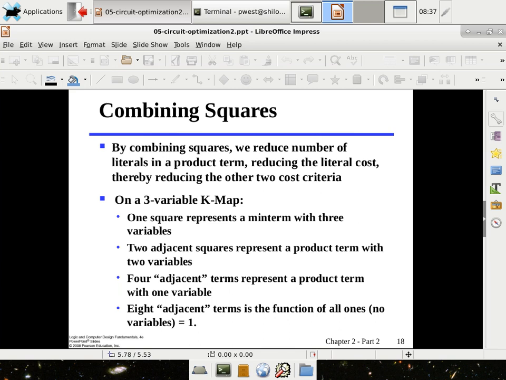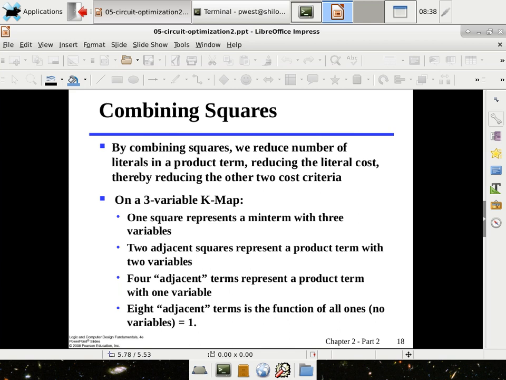So we'd have X naught, then Y naught, Z naught, or Y naught, Z, or Y, Z, or Y, Z naught. This is every possible ORing combination, so this has to be 1. And then you just have X naught.